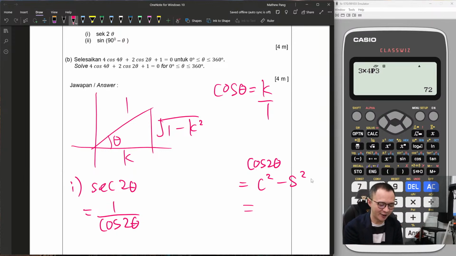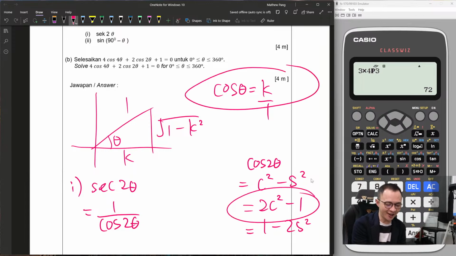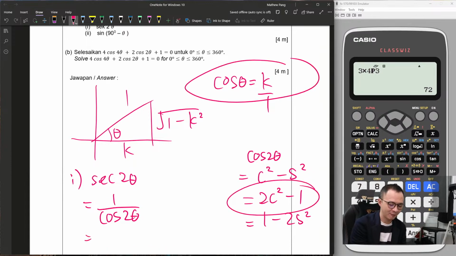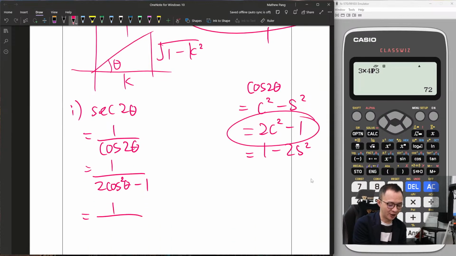So I will say 2 cos squared minus 1, right? And then one more is 1 minus 2 sine squared, right? So I will choose the one with cos because cos is just k. It's a lot easier. So 1 over 2 cos squared theta minus 1. So it's 1 over 2k squared minus 1. Done. Okay, easy.